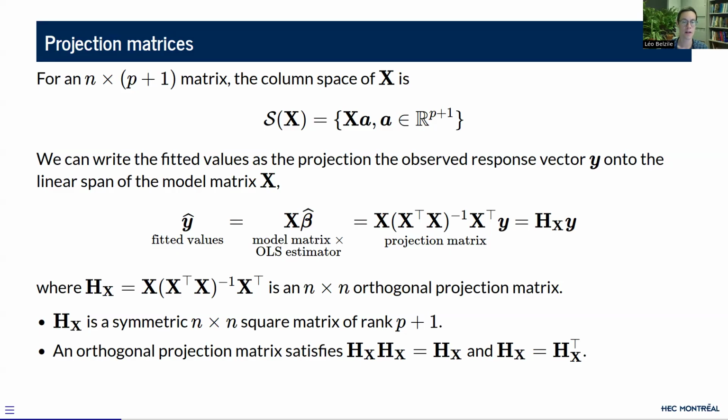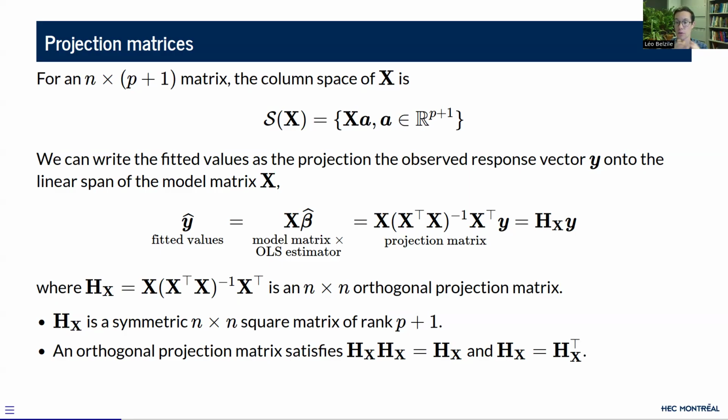I said my fitted values are the model matrix times my beta hat, my ordinary least squares estimator. And if you expand the formula for OLS, what you will find is that this can be written as x times the inverse of X transpose x times X transpose. X is n by p plus 1, X transpose x is p plus 1 square, you invert this, times p plus 1 by n.